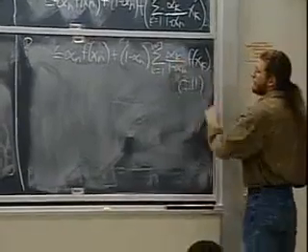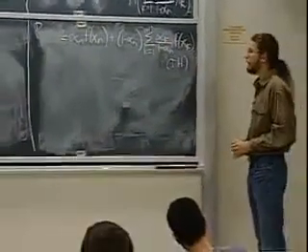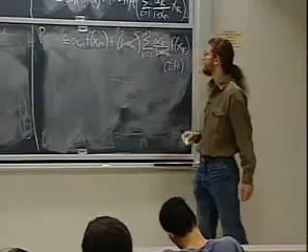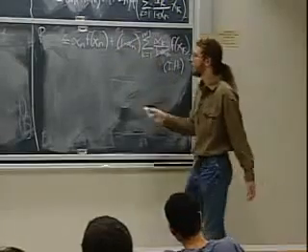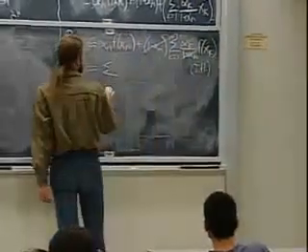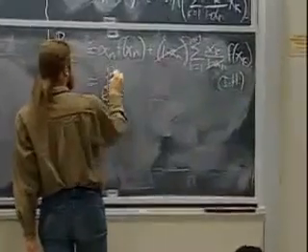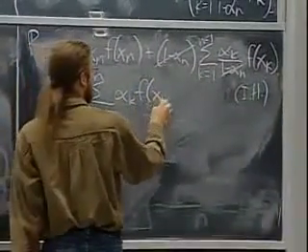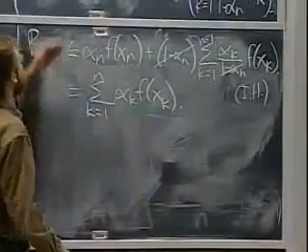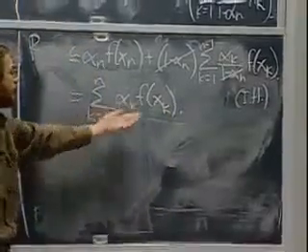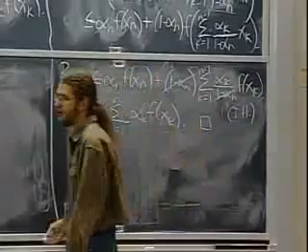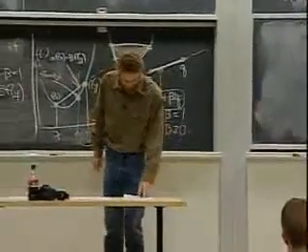Because these alpha k's over 1 minus alpha n sum to 1, now these 1 minus alpha n's cancel, and we just get what we want. This is sum k equals 1 to n of alpha k f of xk. So we get that f of the sum is at most the sum of the f's. That proves the lemma. Okay, a bit tedious, but each step is pretty straightforward. Hope you agree.